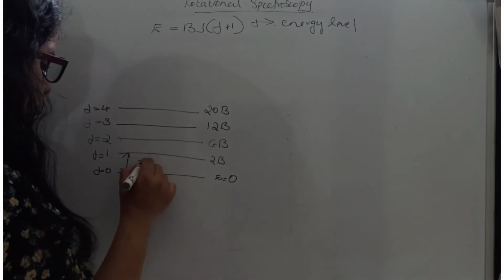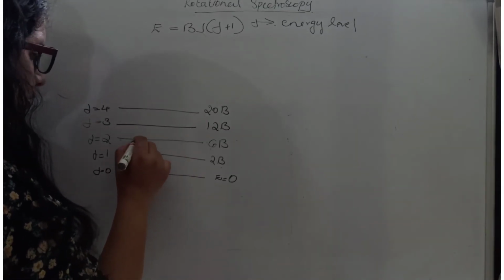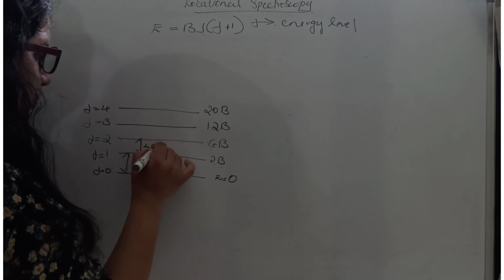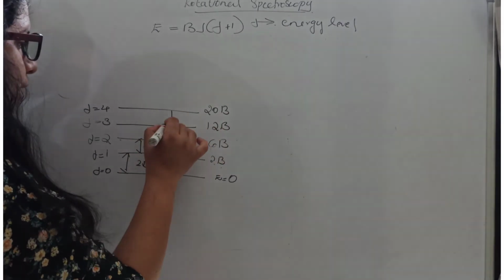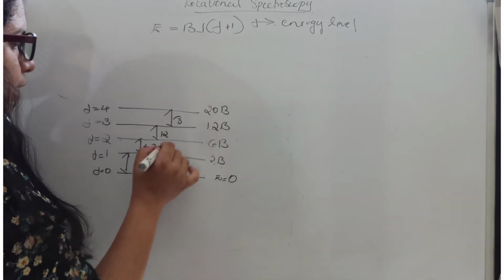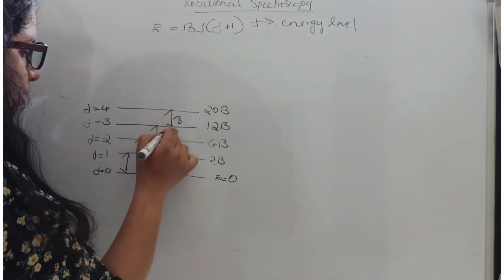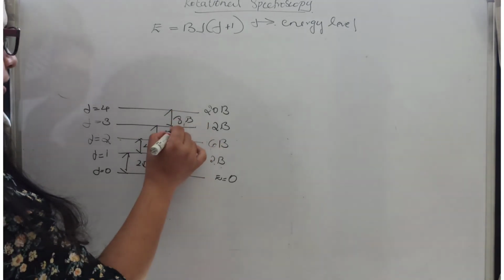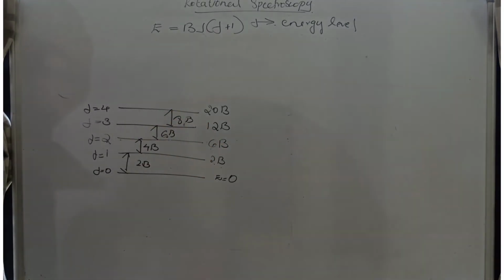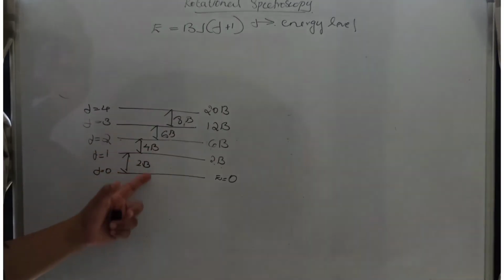Now let us see the difference between each level. It is 2B, then 4B, then 6B, then 8B, then 10B, and so on. It will continue to higher energies.